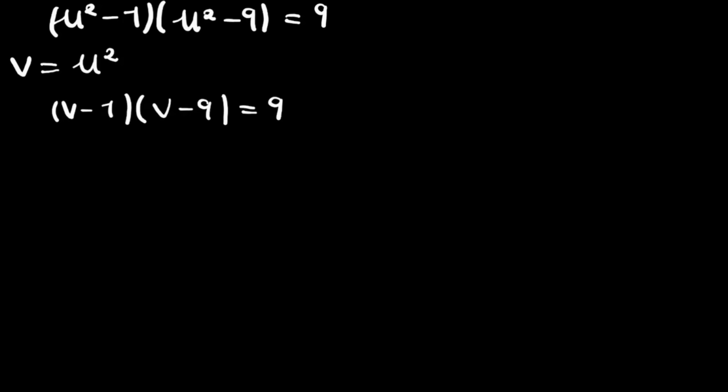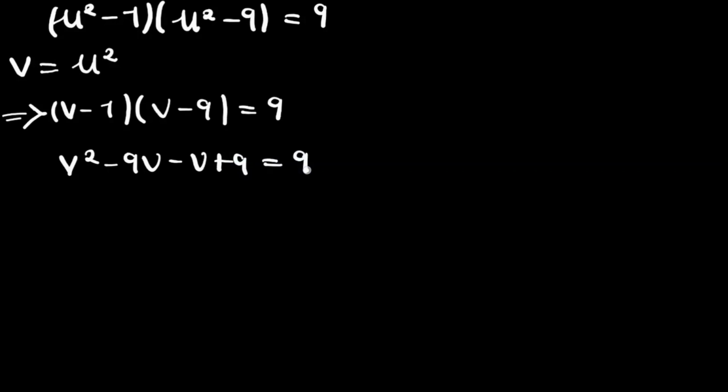Now we can expand these brackets easily to give a quadratic equation: v squared minus 9v minus v plus 9 equal to 9. Simplifying further, this is v squared minus 10v plus 9 equal to 9.